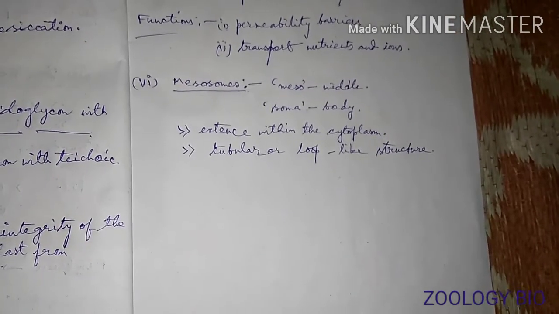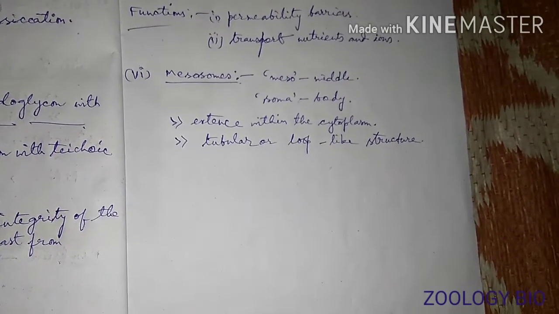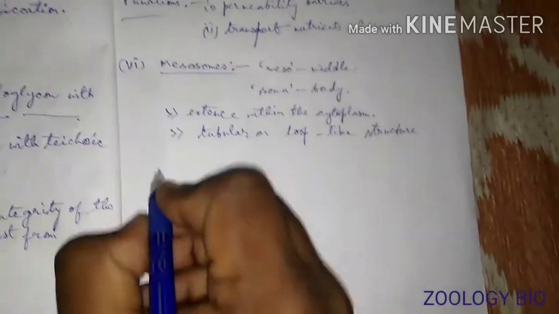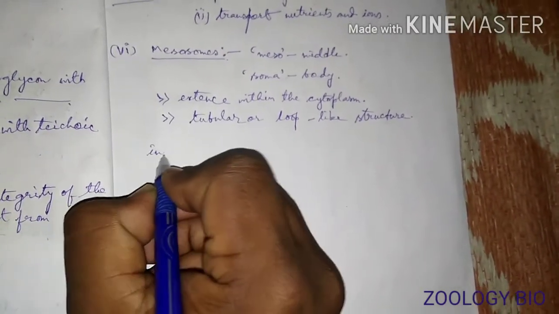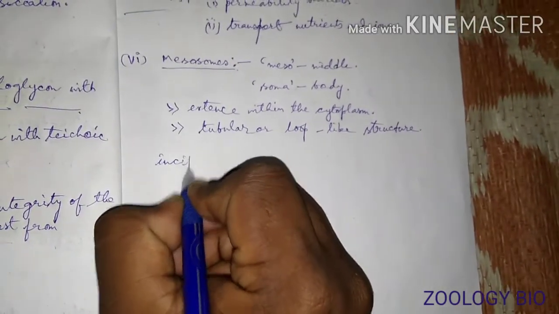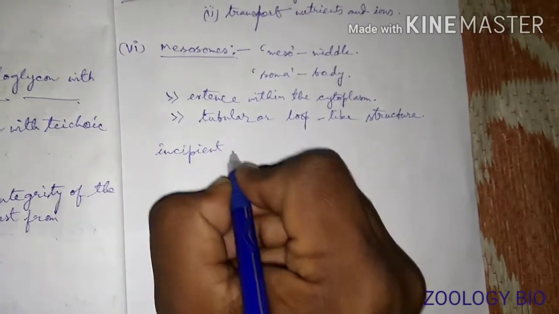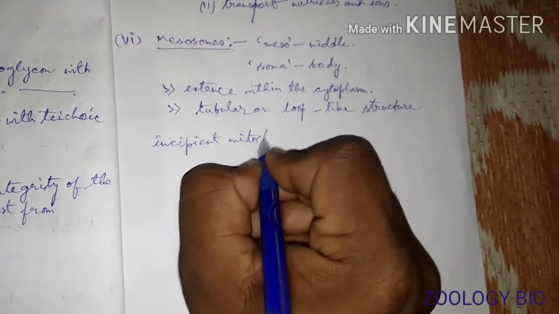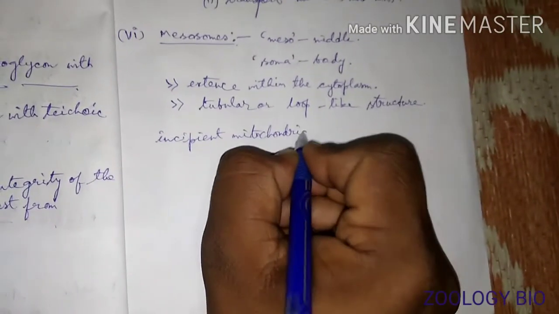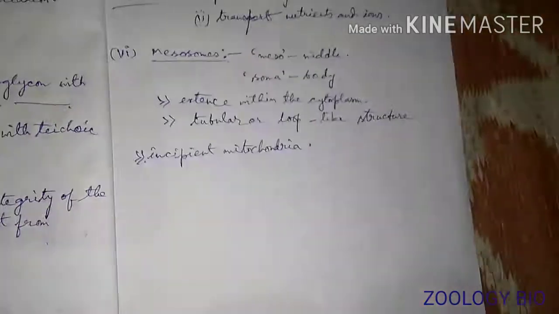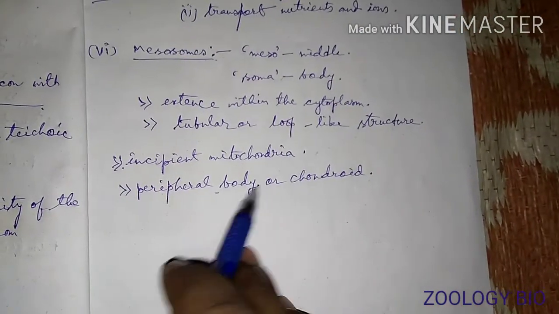That's why it is often considered as incipient mitochondria. It is also called peripheral body or chondroid.